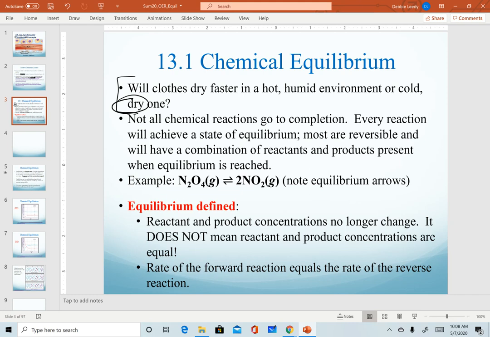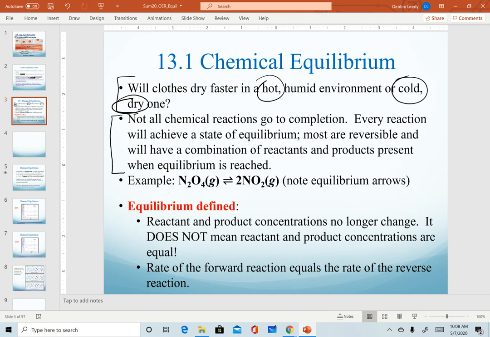So as the water from the clothes is released into the atmosphere, they'll do that faster in a dry environment. We typically think about drying clothes being related to temperature, but that's just because our clothes dryers use heat as the mechanism to speed up the drying process.